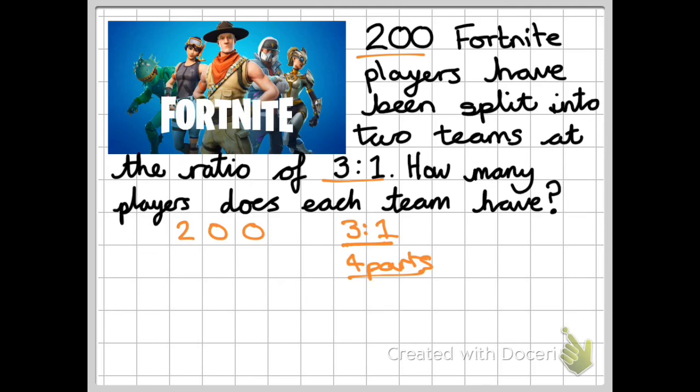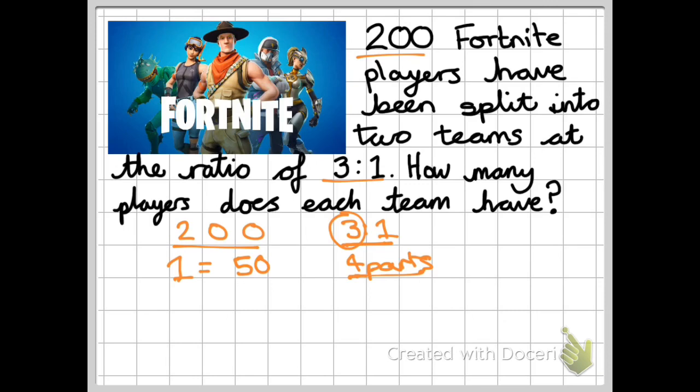So I take the 4 parts and I do 200 divided by 4. And that means 1 part would be 50 players, because 200 divided by 4 is 50. So if 1 part is 50, then what would 3 parts be?